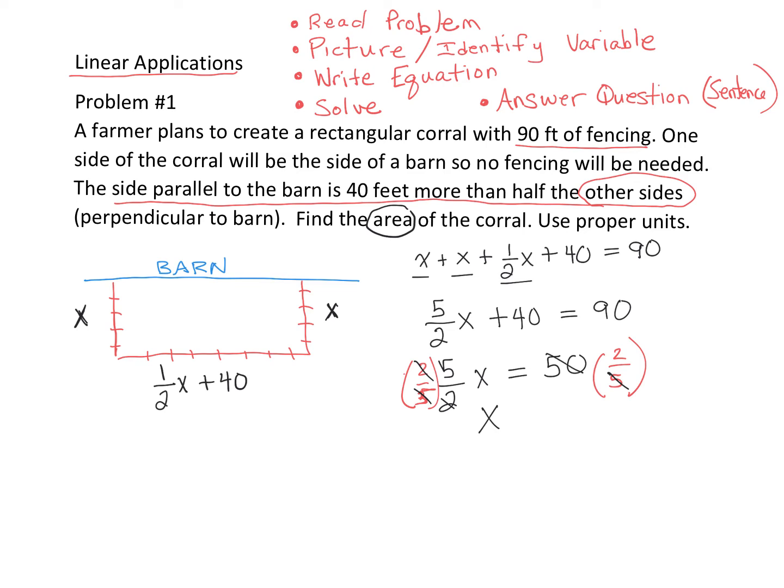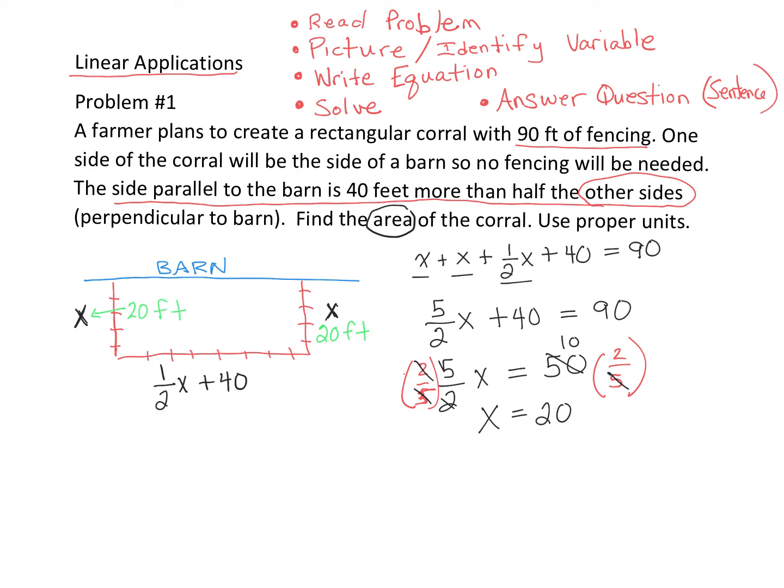5 goes into 50 10 times, and 10 times 2 is 20. So this is not the answer to the question, but it does tell me what x is. So now I know that this is 20 feet. This is also 20 feet.